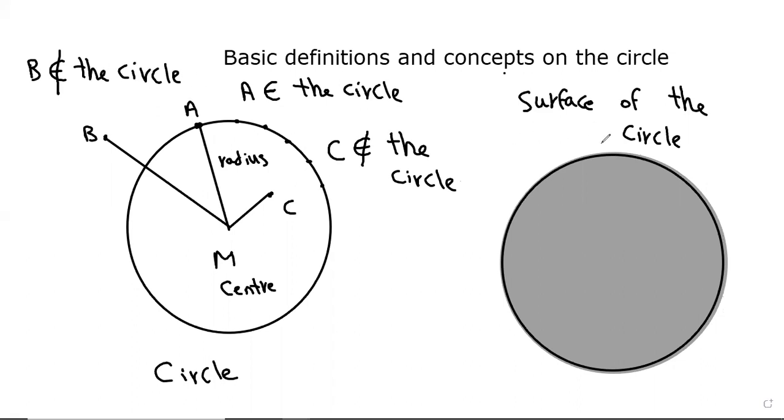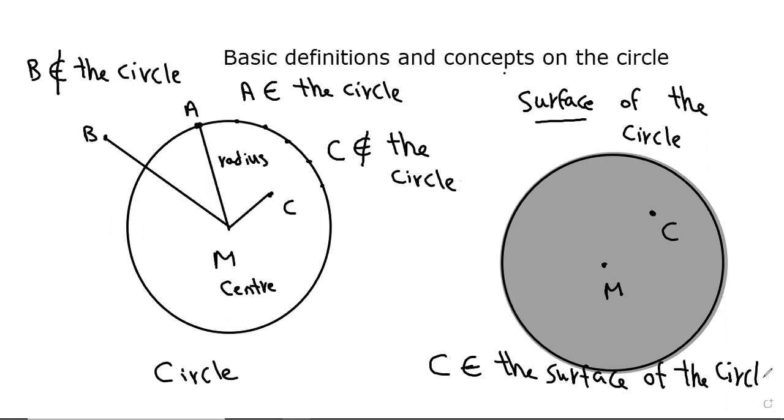When it comes to the surface of the circle, and if I have a point like this point here, the point C, and here the center M, the point C doesn't belong to the circle, but the point C belongs to the surface of the circle. So the shaded area here in the second figure represents the surface of the circle.